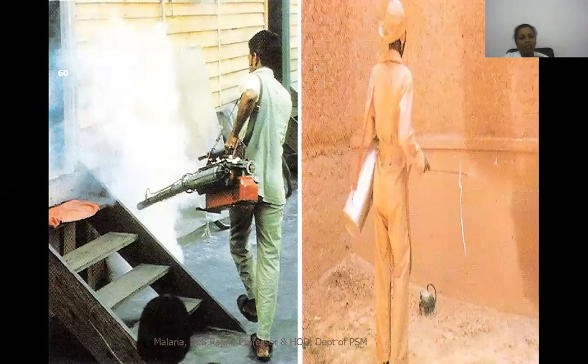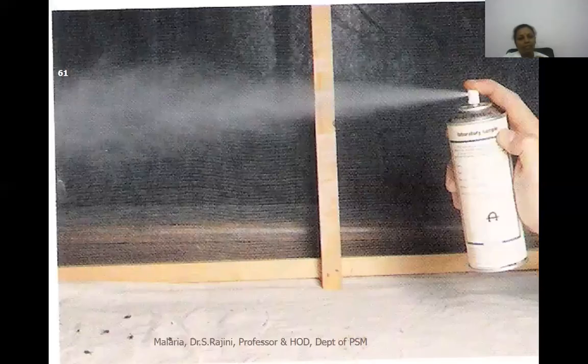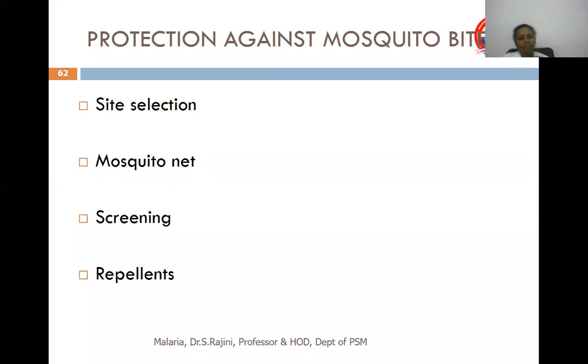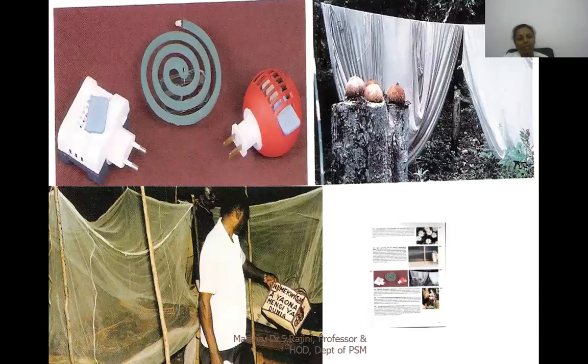This is ultra low volume fogging. This is spraying. This is individual protection. How we protect against mosquito bites: site selection, mosquito nets, screening and repellents. You can screen your houses, windows, doors, use repellents and mosquito nets. All these come under individual protection.